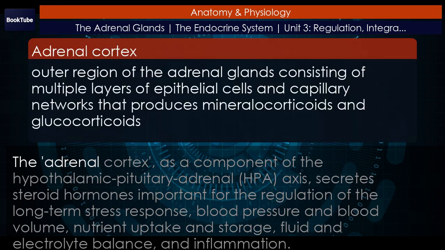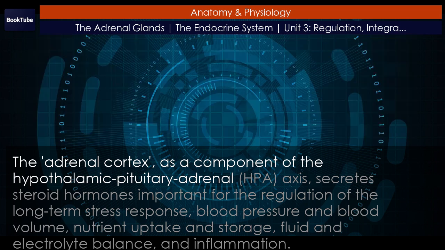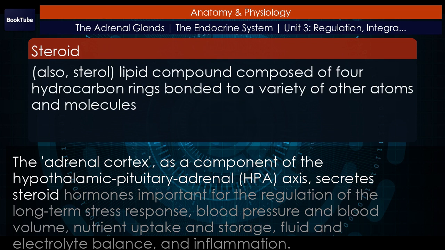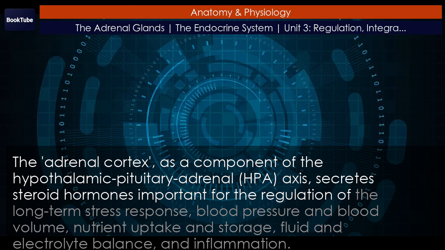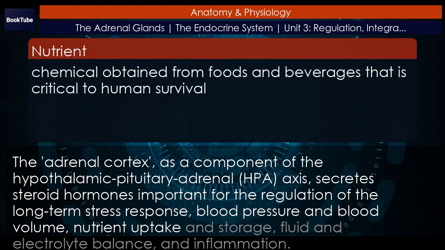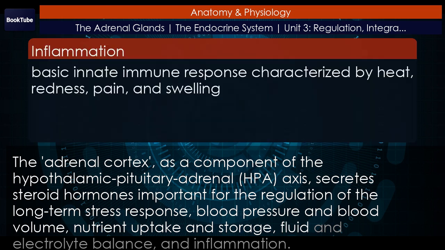The adrenal cortex, as a component of the hypothalamic pituitary adrenal (HPA) axis, secretes steroid hormones important for the regulation of the long-term stress response, blood pressure and blood volume, nutrient uptake and storage, fluid and electrolyte balance, and inflammation.